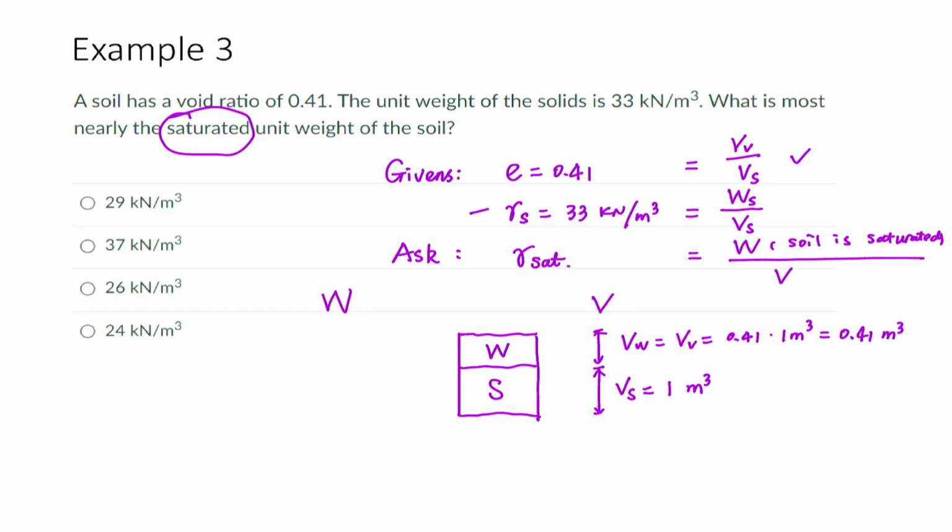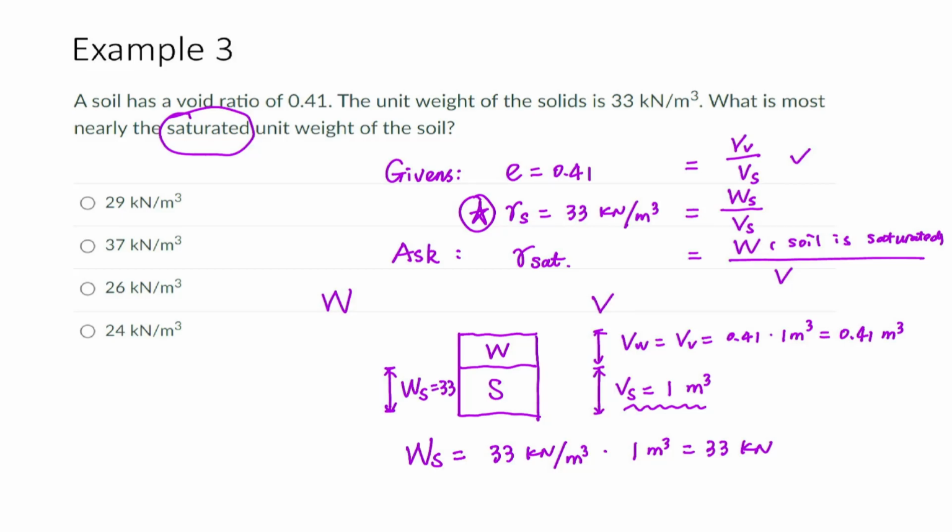Based on the definition of gamma S, and since we already know the volume of the solid, the weight of the solid is pretty easy to figure out. The weight of the solid would be 33 kilonewton per cubic meter times 1 cubic meter, so we have 33 kilonewton over here. The weight of the water is also pretty easy because we already know the volume of the water is 0.41.